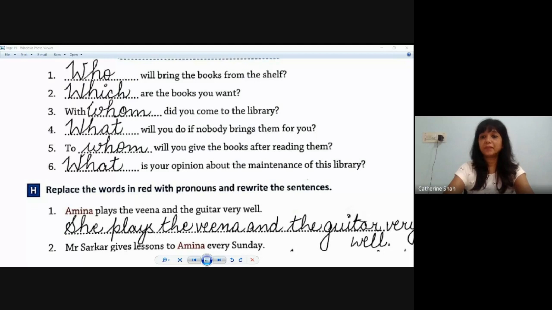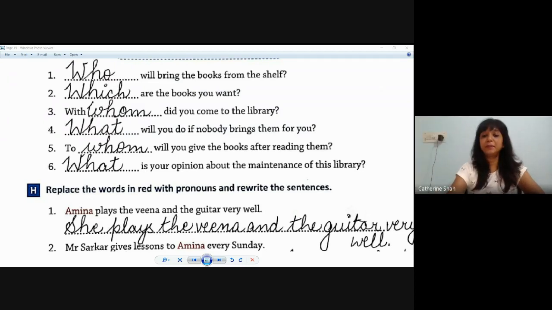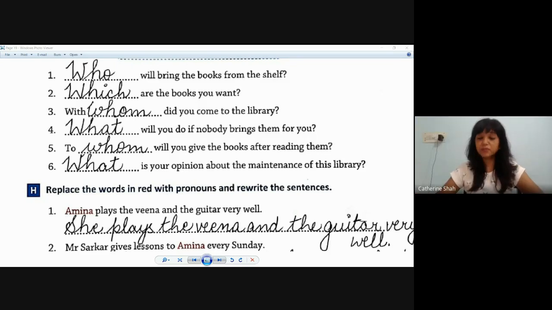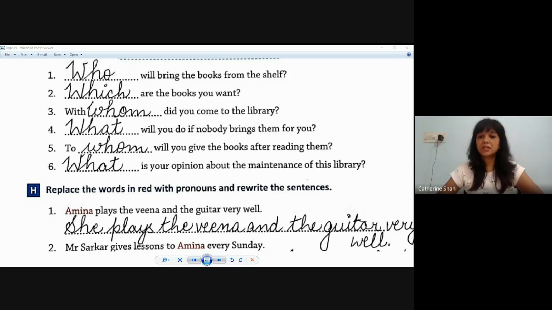Which question? Number 4. This beautiful Veena is Amina's. Hers. This beautiful Veena is hers.